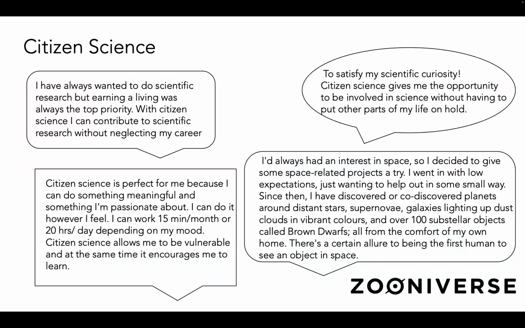The fact they can do science on their own terms, in their own time, when perhaps they were discouraged from taking part at school because they were maybe not deemed academic enough, or academia research was not a stable enough career, it doesn't pay well enough in their country, all these things. And the joy that comes across in these quotes, I think, is really, really nice about why people choose to take part in these projects.